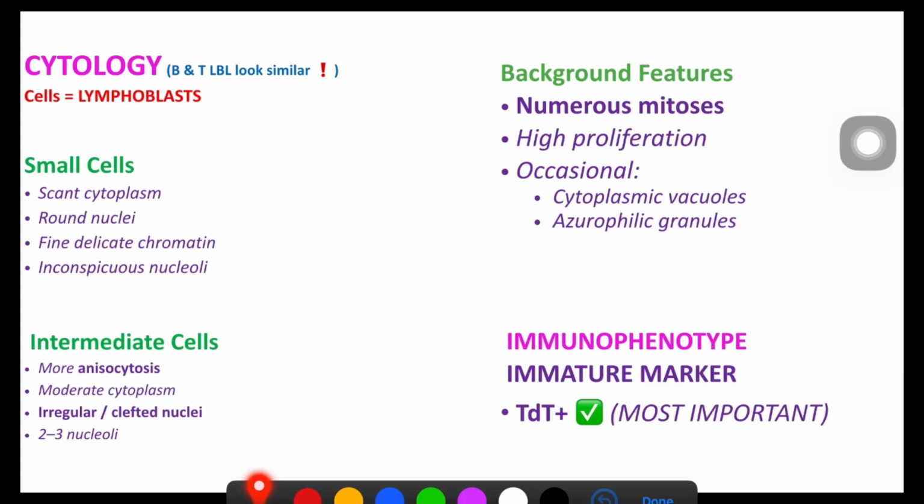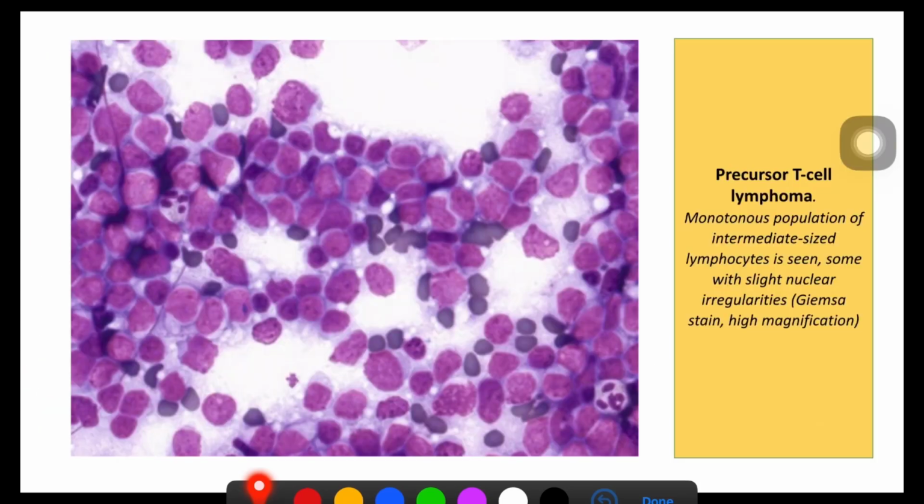So this is the immunophenotype. Here is the intermediate cell pattern, where the cells have the same appearance, a monomorphic population of intermediate cells with similar size and nuclear irregularity.